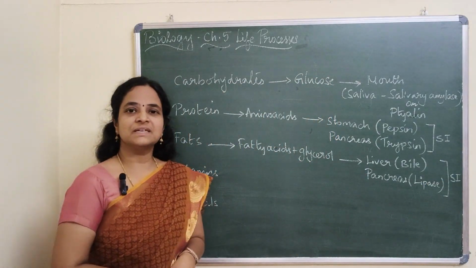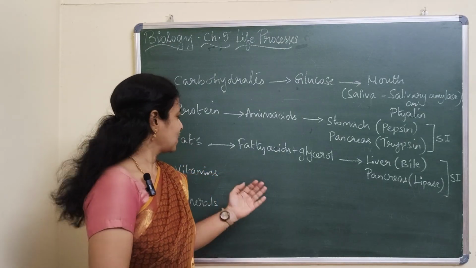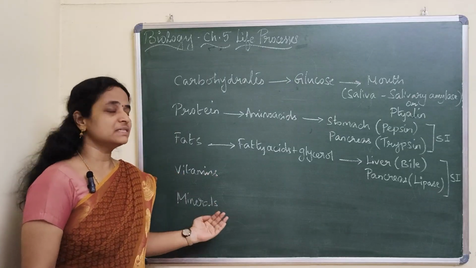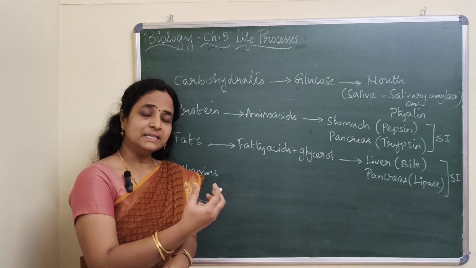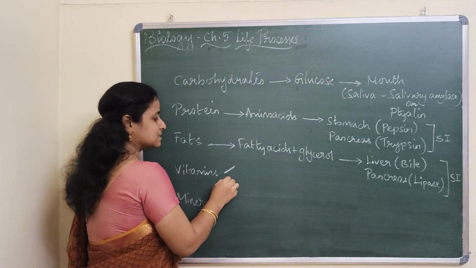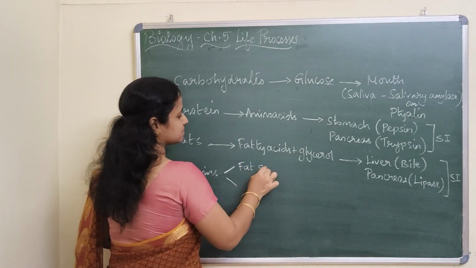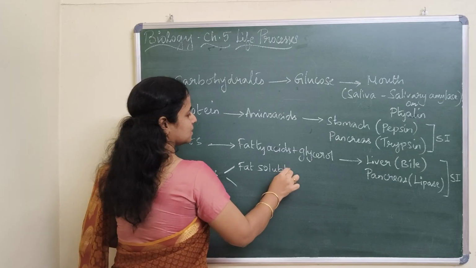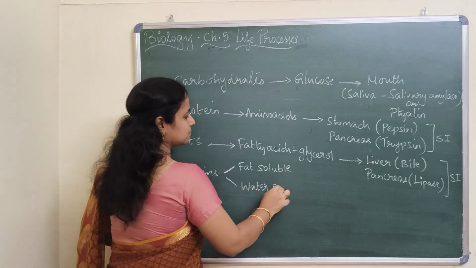And what about vitamins and minerals? Okay, let me tell you. Vitamins and minerals do not undergo a big digestion process, but they are readily absorbed. For example, vitamins are of two types: one is fat soluble vitamin, the other is water soluble vitamin.